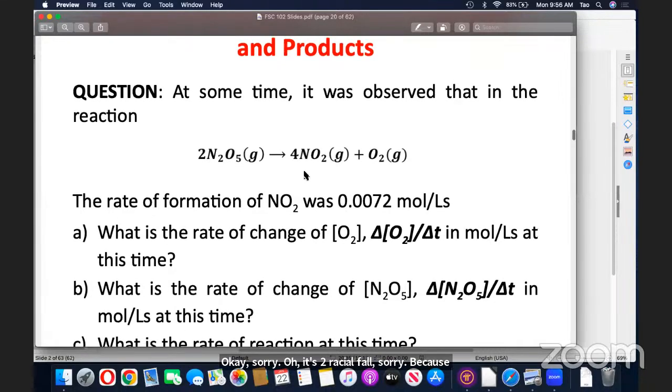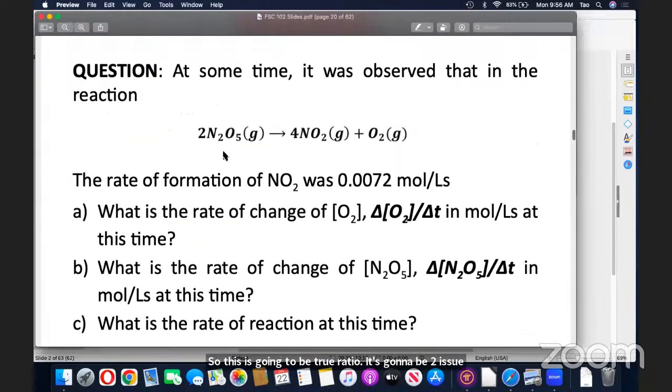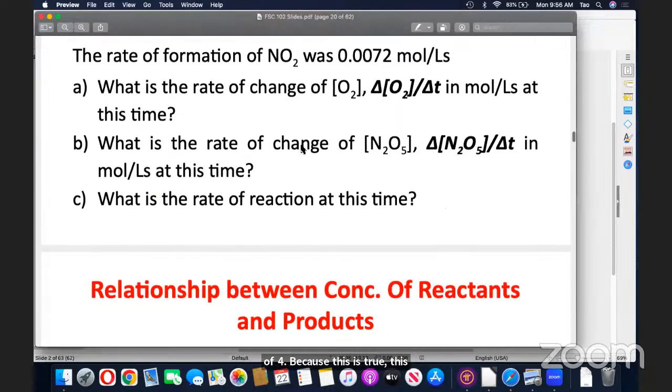Because remember, we're comparing NO2, because we're not given oxygen. We can use oxygen also to do that calculation anyway. It's not that we can't, but we want to keep this very straightforward. So we're given NO2, and it's the comparison between NO2 and N2O5 now. So this is going to be 2:4, because this is 2, this is 4.